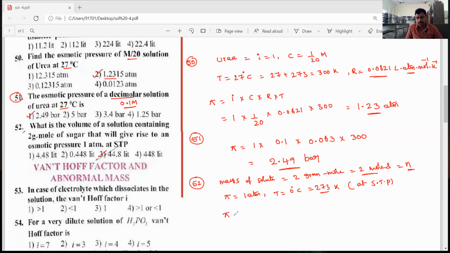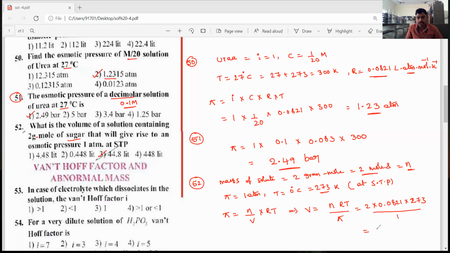Then pi is equal to, for sucrose sugar i is equal to 1, that's why n by V into RT. Then the volume is equal to nRT by pi. The number of moles is 2, R value in liter atmospheres is 0.0821, and temperature is 273 Kelvin, divided by 1.